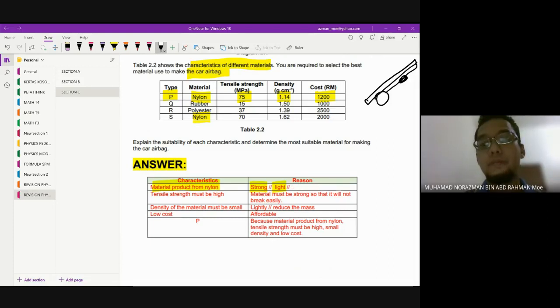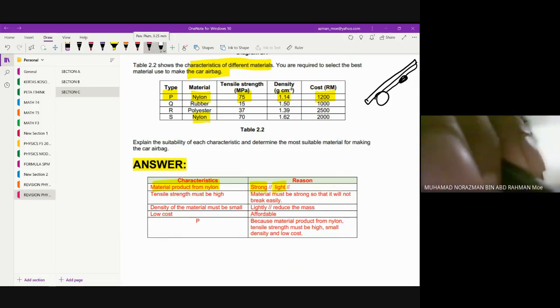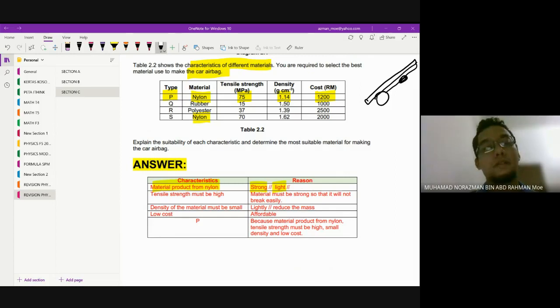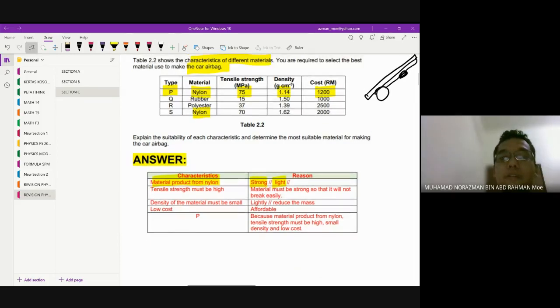So for SPM, previous years, we usually accepted "easily", but for the current situation, okay, I think last year maybe the examiner told us that it is not recommended to use the word "easily". That's why you can see many answer schemes will use the word "easily" for the answer.